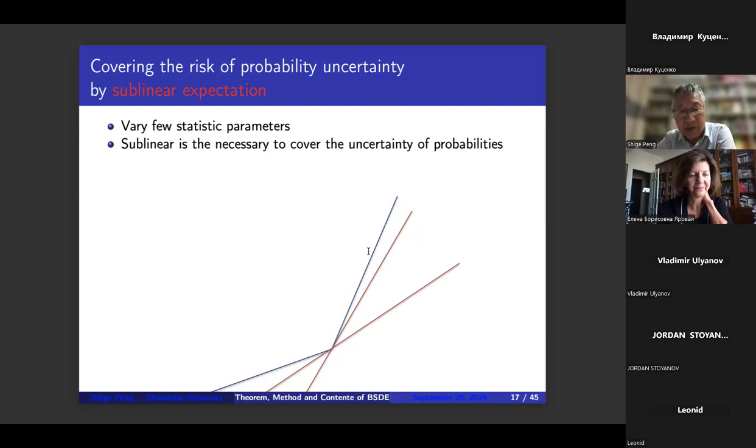You can say that one sublinear line is bigger than all the other ones, so there are possibly many lines behind this blue line.